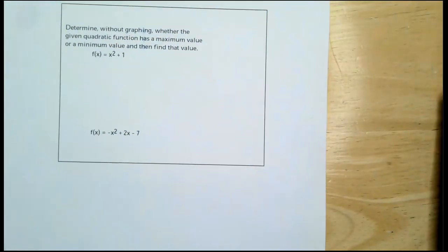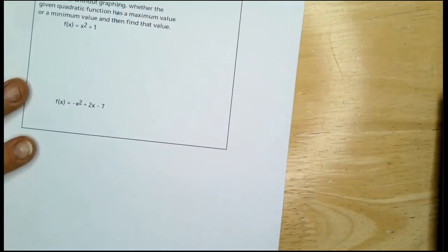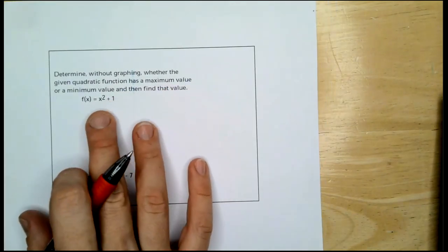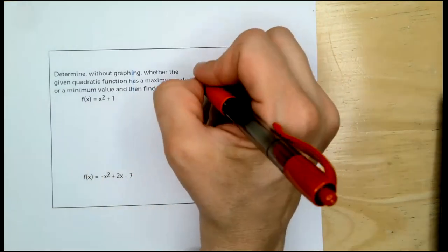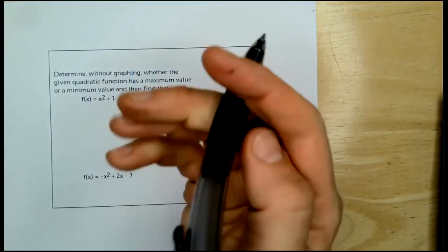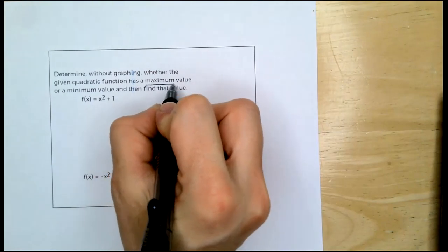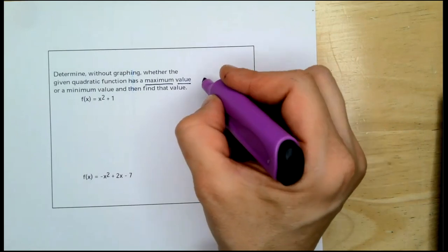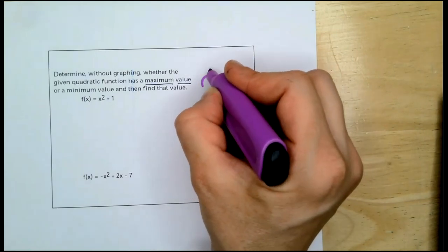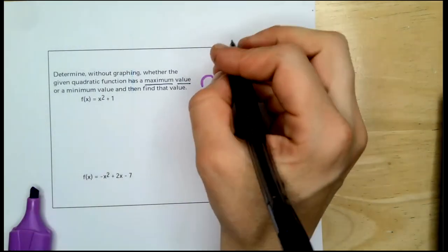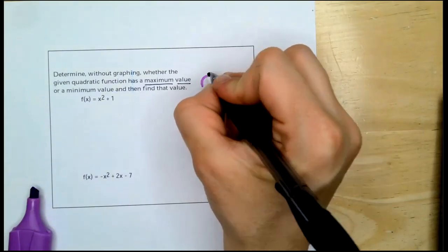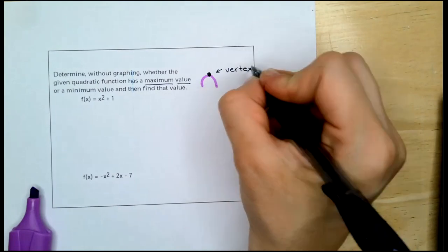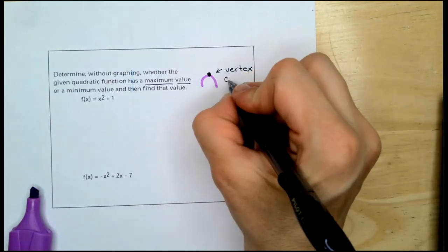All right, last part. Determine without graphing whether the given quadratic function has a maximum value or a minimum value, and then find that value. So it's going to have a maximum value when it opens down, when it is concave down.